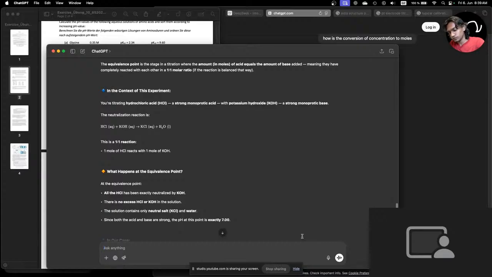Equivalence point. The stage in titration in which the amount, or moles, of acid equals moles of base.